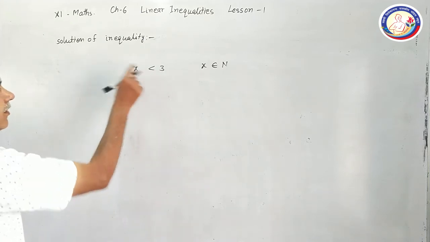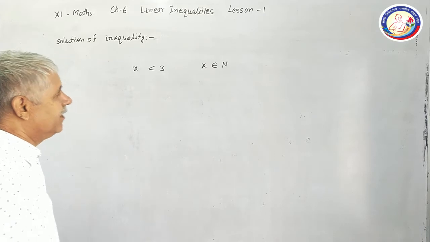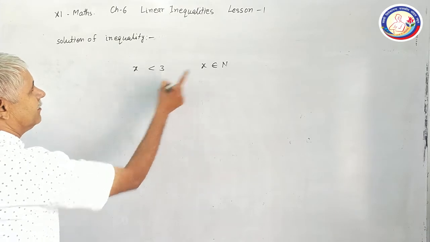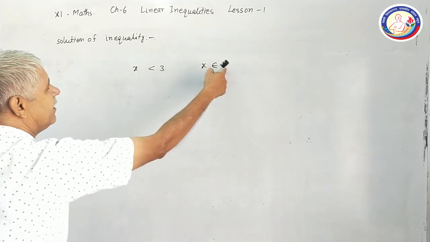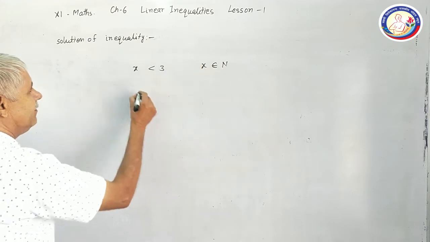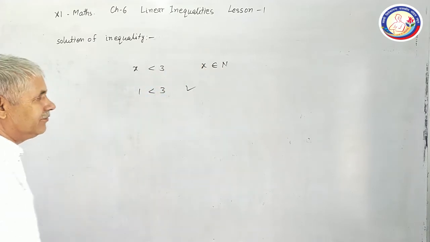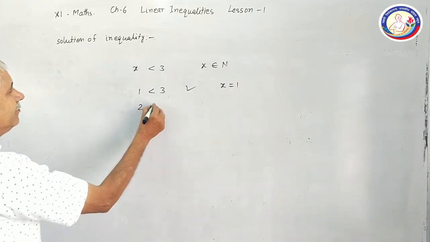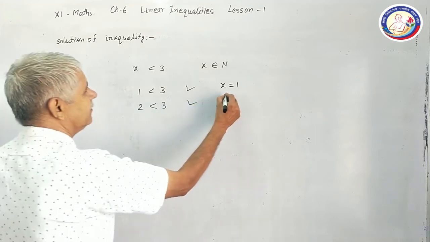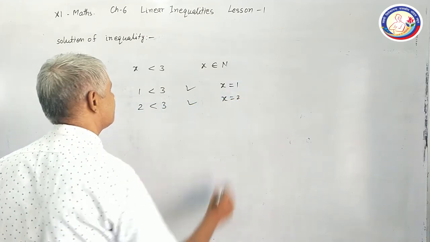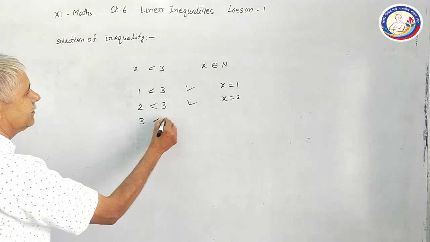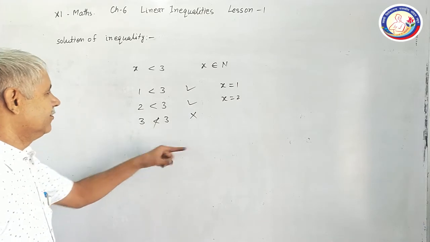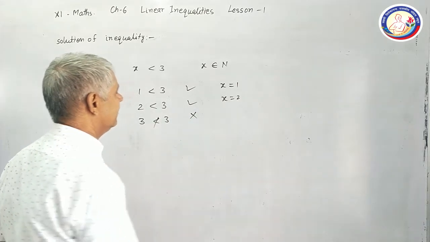We can have only a singular solution or we can have many solutions. So here, if we take the value of x as 1, 1 is less than 3, it is true, so x equal to 1 is a solution. If we take 2 is less than 3, yes, right, so x equal to 2 is again a solution. If we take 3 is less than 3, no, the statement is wrong, so this is not a solution of this inequality.